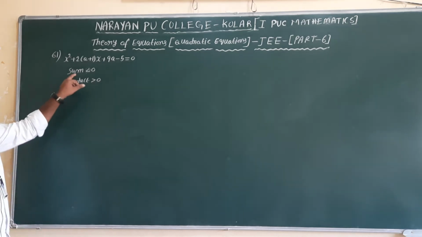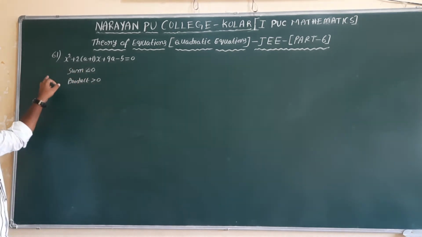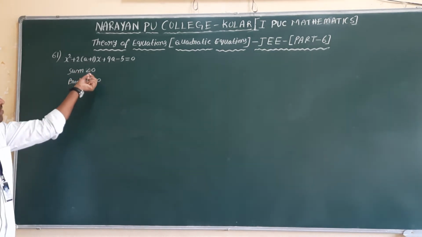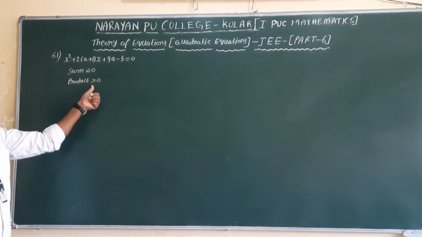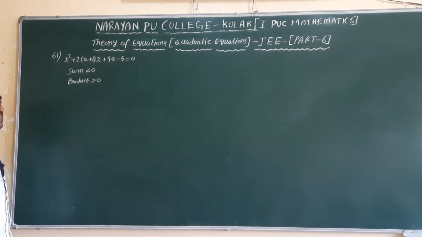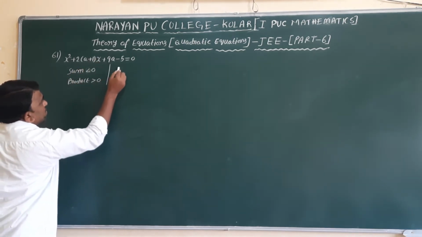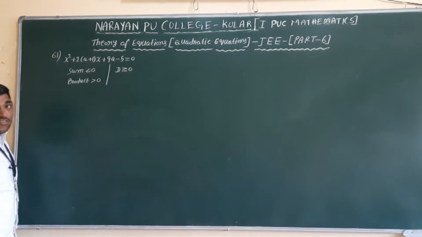One root is negative, another root is also negative, so adding them we get a negative sum. Product minus into minus is plus, so greater than 0. That is, the sum is less than 0 and the product is greater than 0. So obviously the discriminant is greater than or equal to 0. Based on that we can verify the conditions.